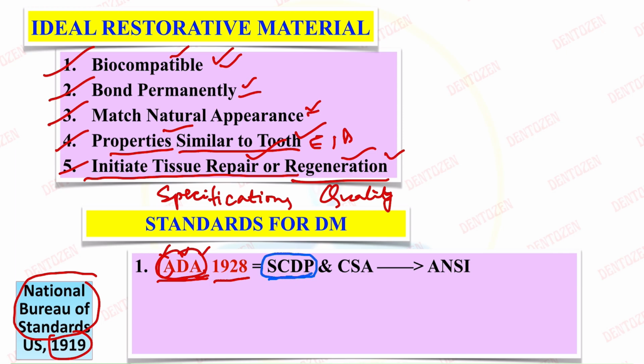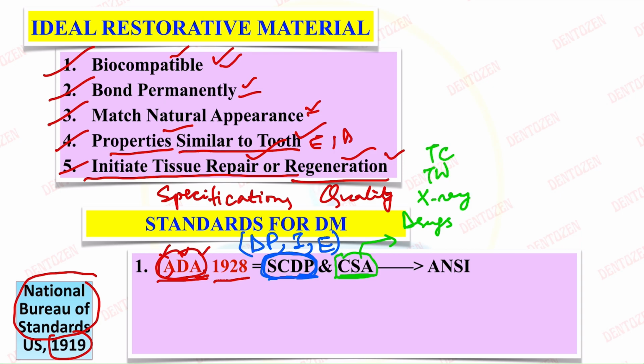Now as the word says dental products, this committee develops specifications for dental products, instruments, equipments that are used, and not for drugs and x-ray. So for drugs and x-ray we have another committee which is known as CSA, Councils for Scientific Affairs, which deals with the responsibility of evaluation of drugs, then dental x-ray films, then tooth whitening agents, tooth cleaning agents.